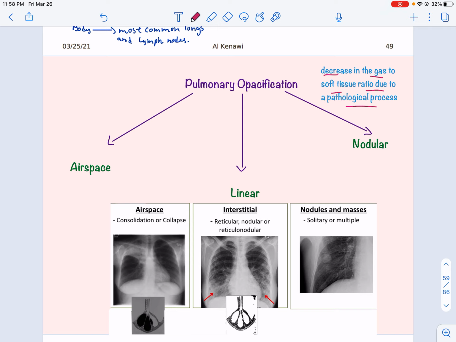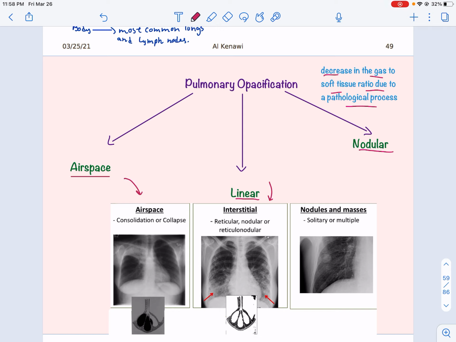For example, يعني الريشيو بين الاير والsoft tissue gonna change. عشان كده احنا بتطلع لنا الcolors بتصير زي كده whiter. This can be caused by either airspace disease, linear, or nodule, or they divided it into airspace, linear, or nodular opacification.